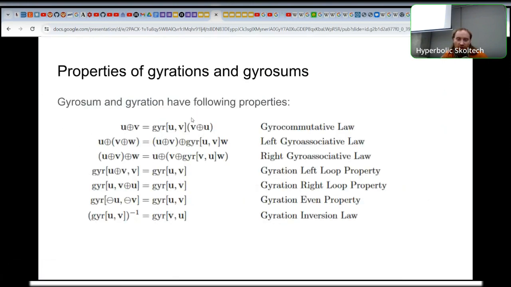So you see that they are different by applying a gyrator, and this is a kind of rotated version of this vector. But it's very similar. Okay.